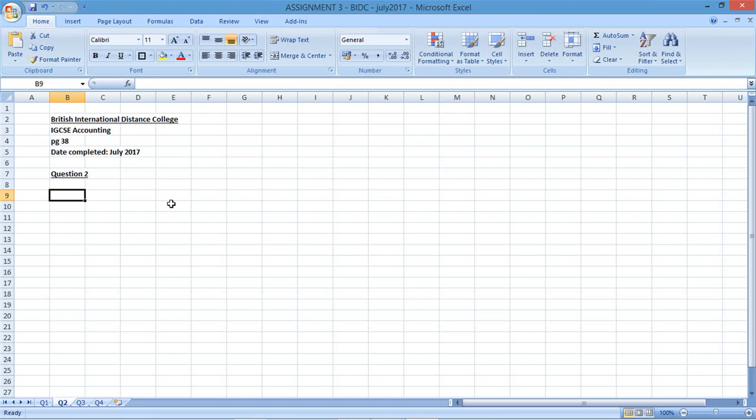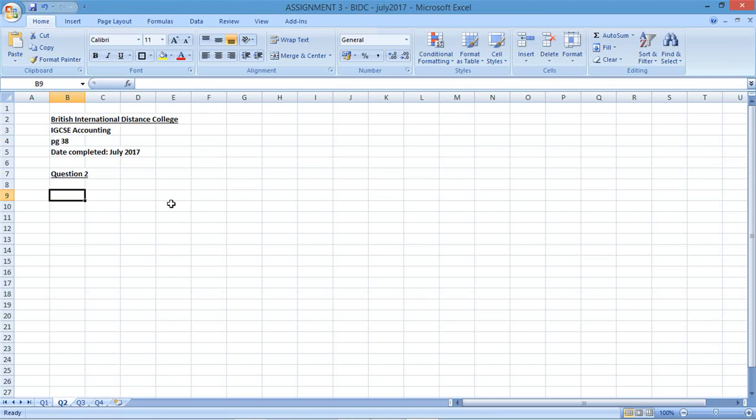Then B. Prepare an extract from Sam's statement of financial position as at 31st March, and they also want you to explain how Sam observes the accounting concept of prudence by providing for depreciation on his machinery. So that's something we're going to have to look at.